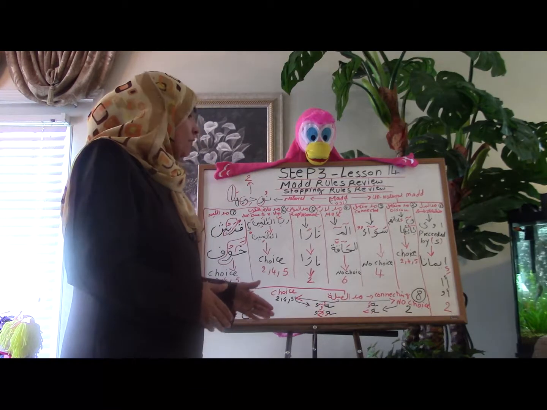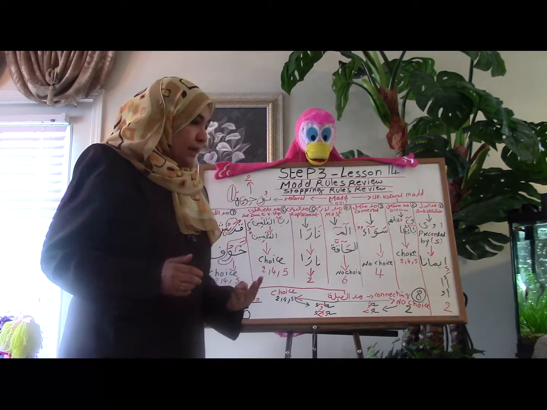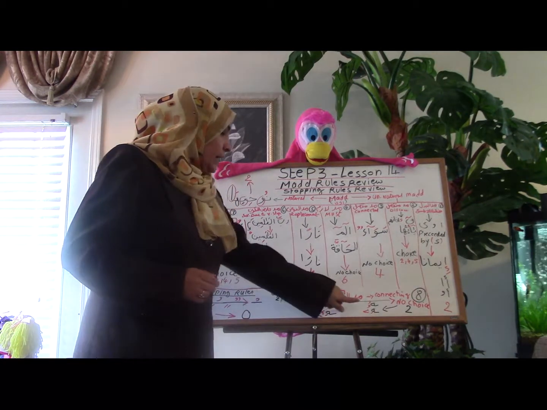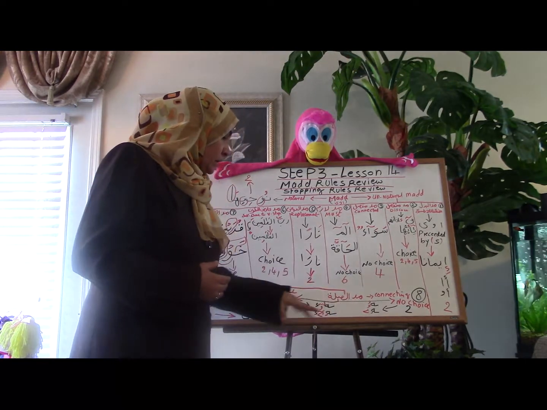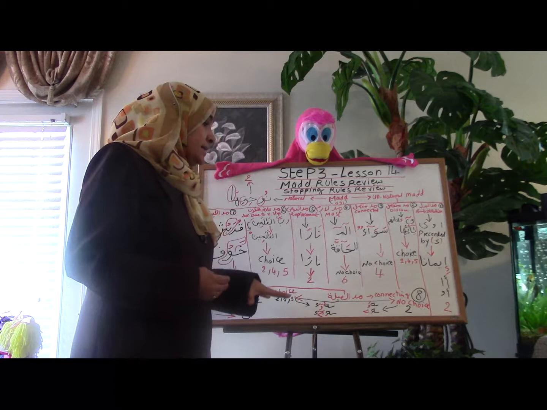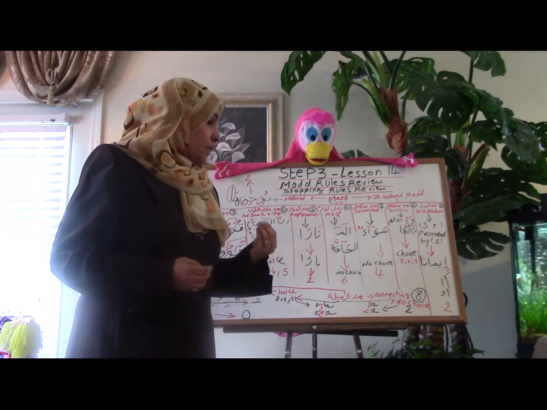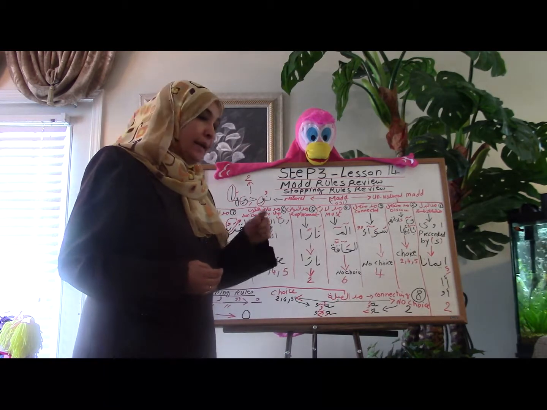When I have no choice, I only elongate for 2 harak. For example, I find a letter ha. What is the letter ha here in Mad as-Sila? It is a masculine pronoun of the third person. Kitabihi, his book.